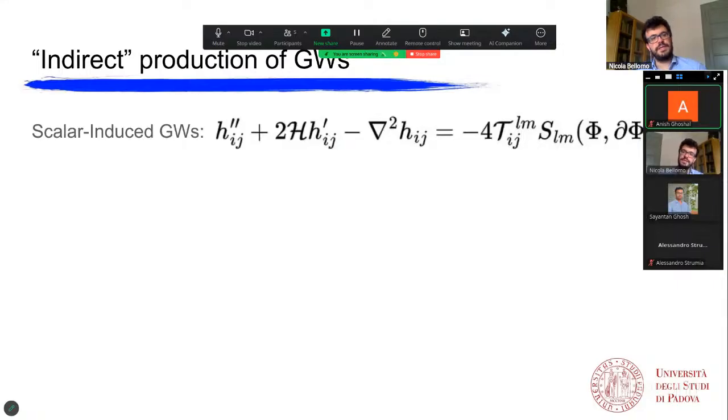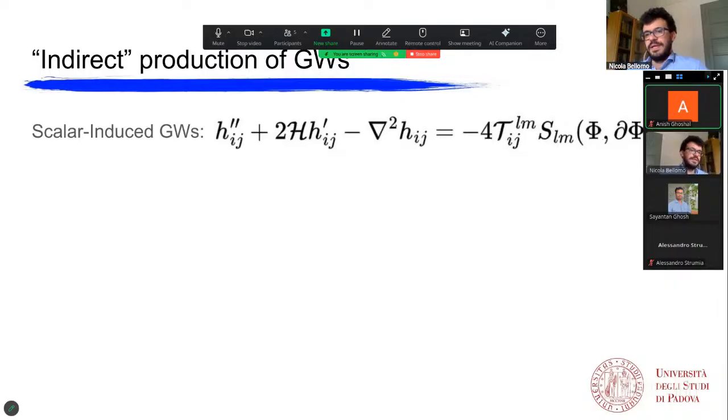However, in the realm of gravitational waves, we don't need to resort just to direct production. There are also indirect production mechanisms, in this case scalar-induced gravitational waves. In fact, if we write down the gravitational wave propagation, we find out that scalar perturbation, here indicated by phi, can actually be a source of tensor perturbation.